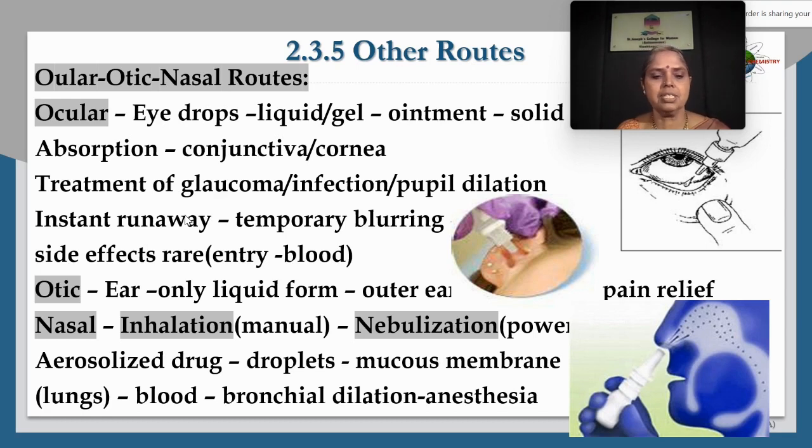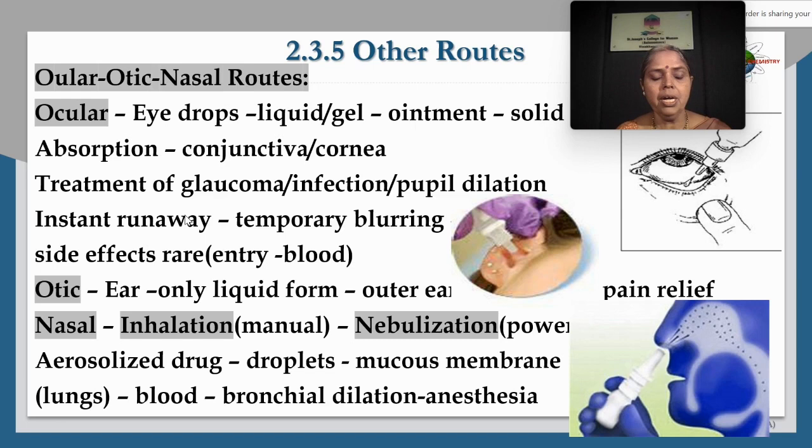Now, absorption of nasally or orally inhaled drugs, the extent or level of absorption, will depend on how fine the droplets are. It will be like vapor, some mist, introduced in the form of mist or vapor. The finer the droplet size, the more it will travel into the windpipe and into the lungs, where it will be absorbed.